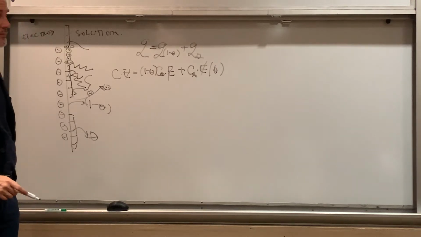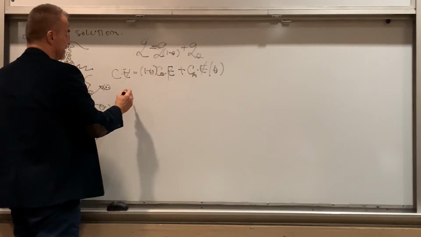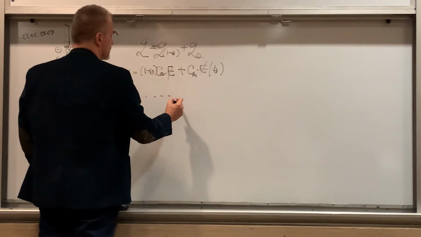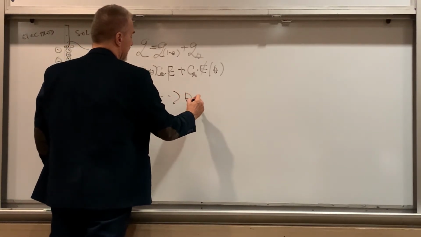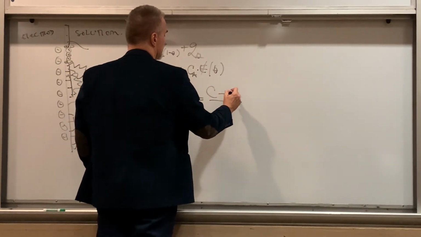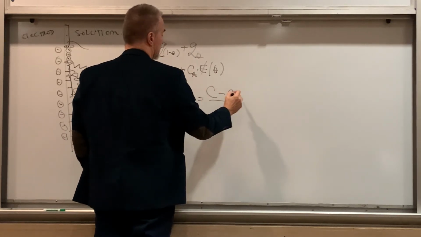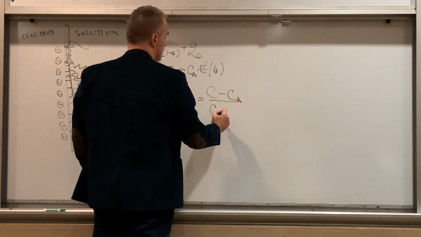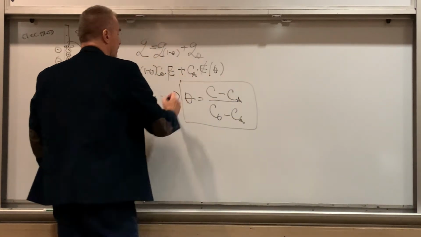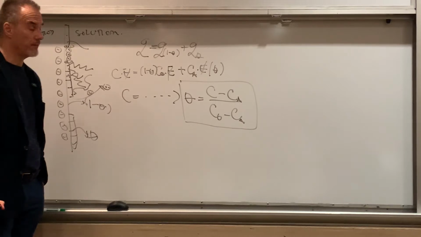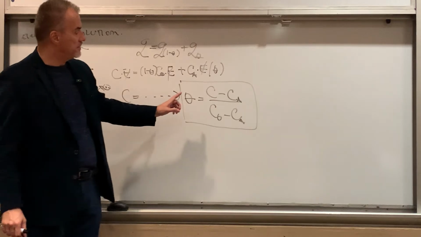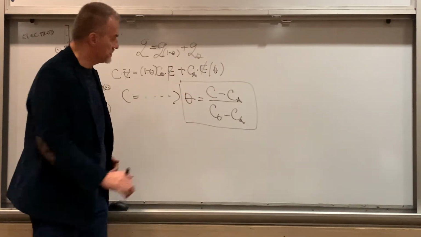We are looking at this capacitance, and my measured capacitance here, C, leads to the expression where theta can be calculated as C measured minus C A over C naught minus C A. So the coverage of my additive can be calculated from double layer capacitance measurements, which is this measured value.